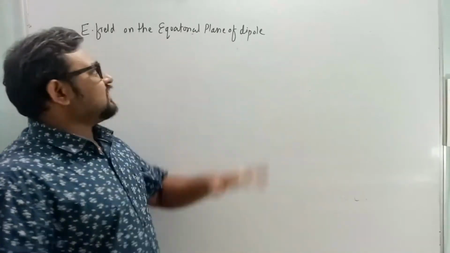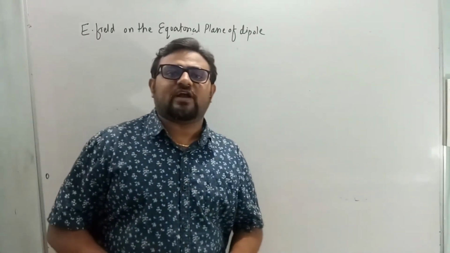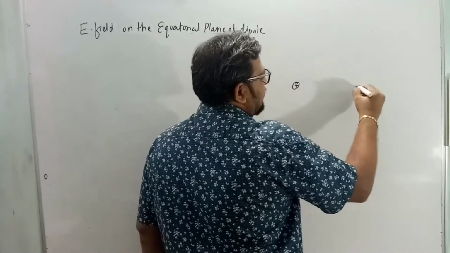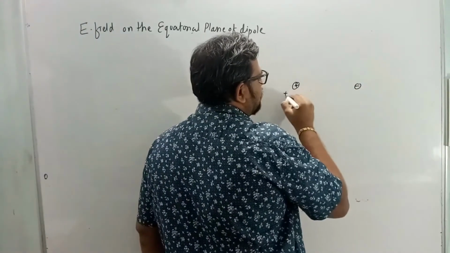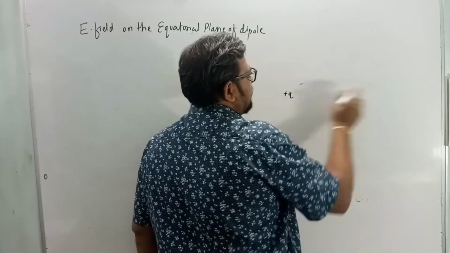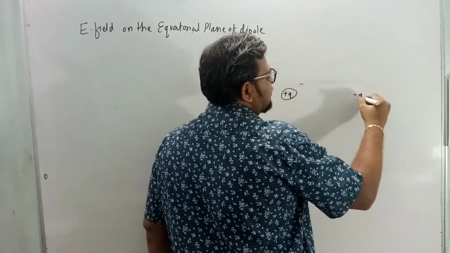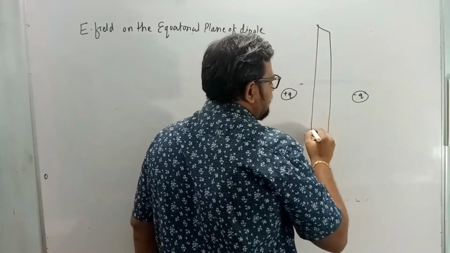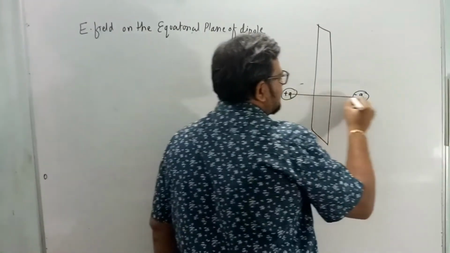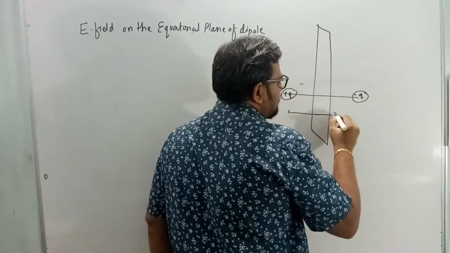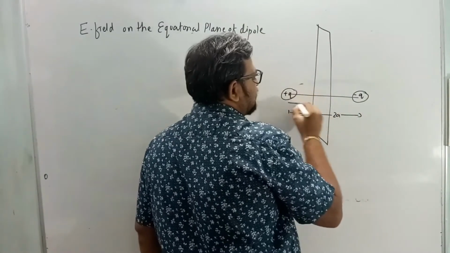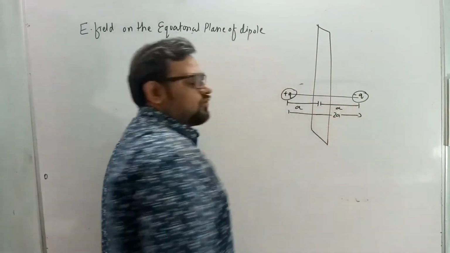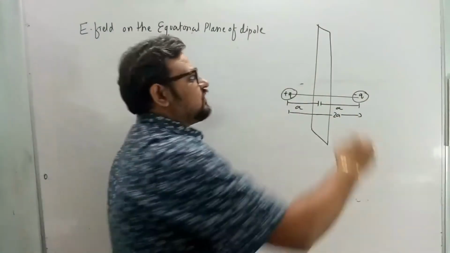Okay, electric field on the equatorial plane of a dipole means I am taking a positive charge and a negative charge, plus q, minus q, and drawing an equatorial plane. Let this distance be 2a, so this will be a and this will be a. Let's select the point A on the equatorial plane.